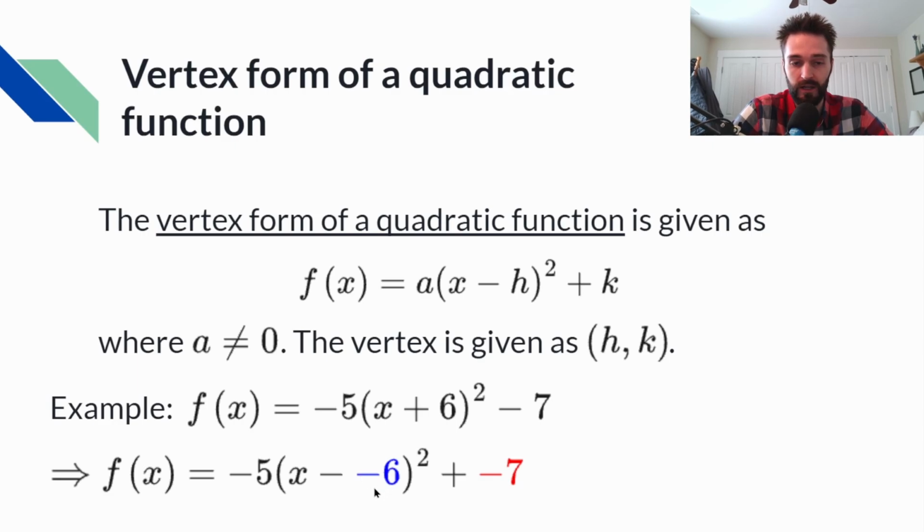So just be careful of that. Watch out for sign errors. It's really easy to make sign errors in algebra. It's the most common type of error. So watch out for that. h is -6 in blue, and k is -7 in red. So the vertex is located at -6, -7.